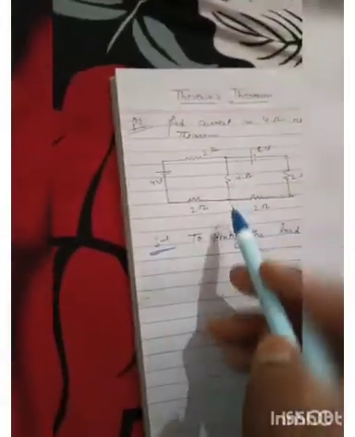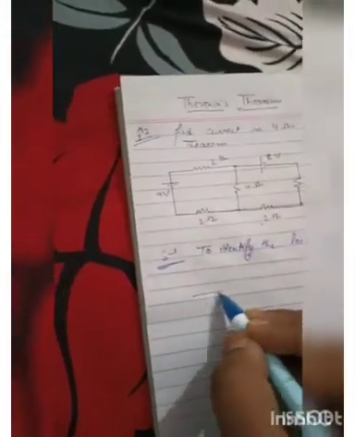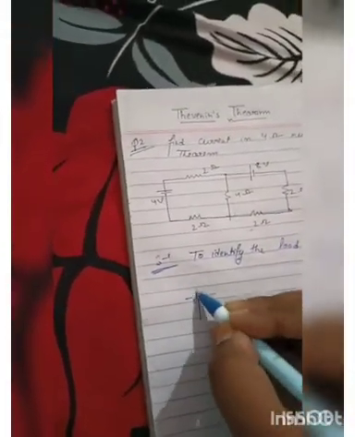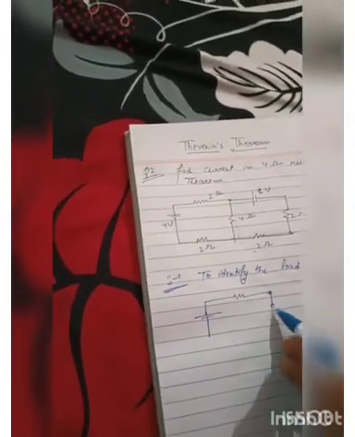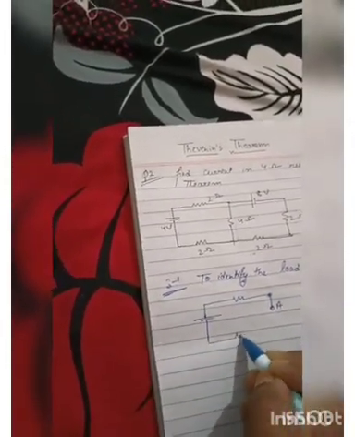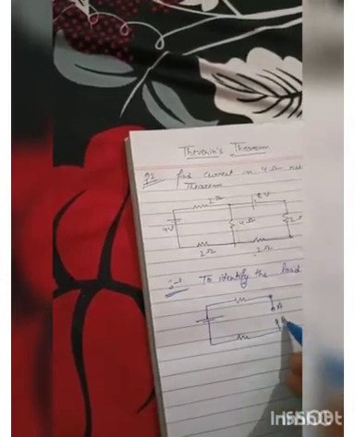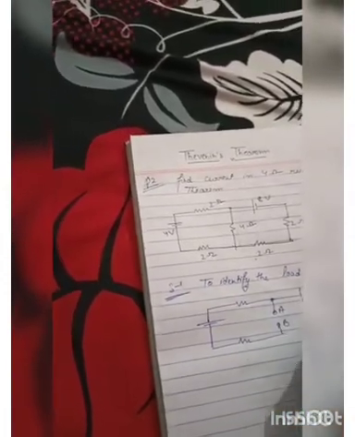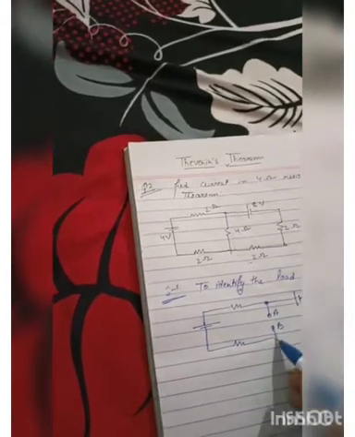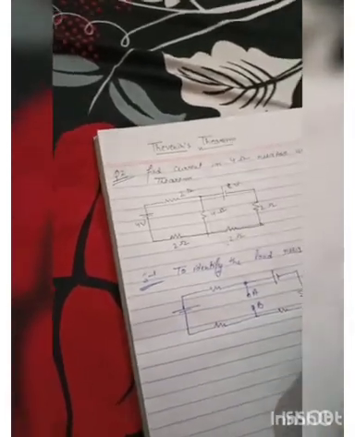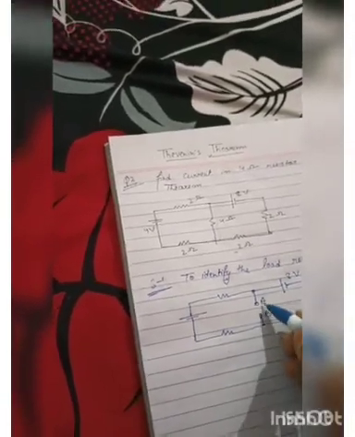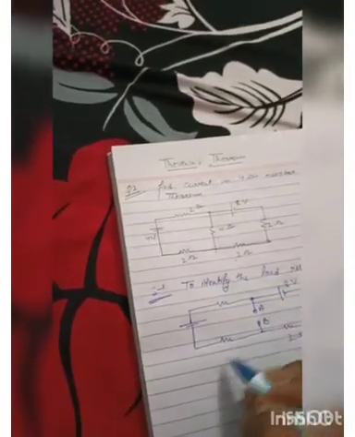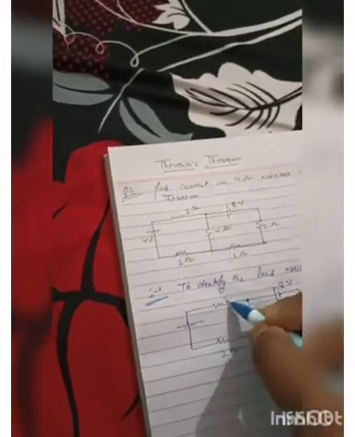Now we will draw a circuit in which we remove the 4 ohm resistor from the circuit, and we name one end A and the other end B. This is battery, resistor, 2 ohm, 2 ohm, 2 ohm, 2 ohm, 8 volt. We will remove the 4 ohm, leaving 2 ohm, 2 ohm, 4 volt.